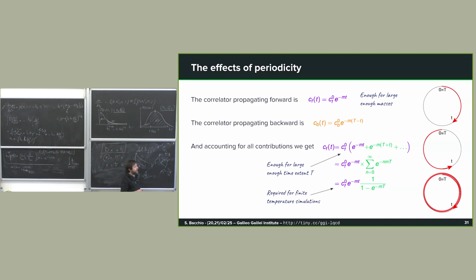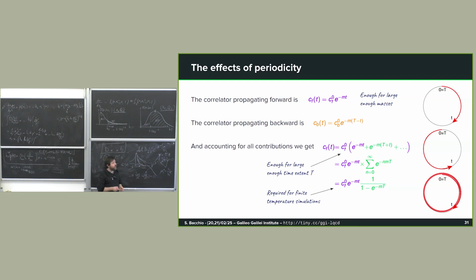You understand, if the mass is large enough, you will decay very fast before filling yourself. If the mass is small, instead you fill yourself many times.